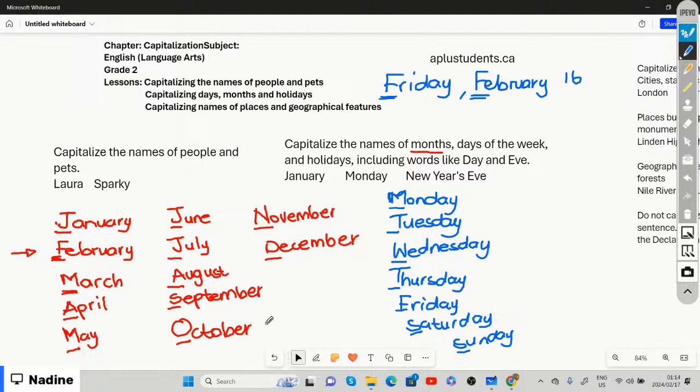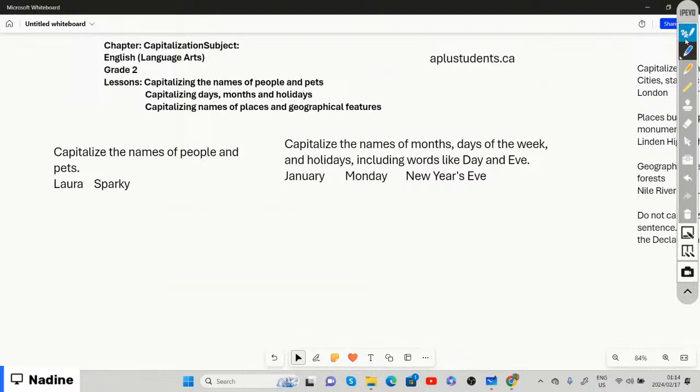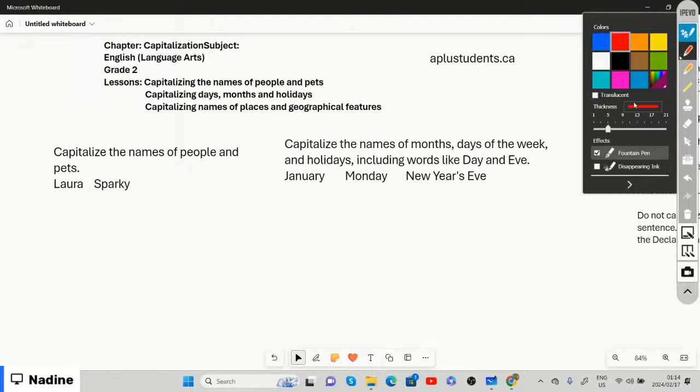But months of the year, days of the week, we need to capitalize. The first letter of the days of the week needs to be capitalized. Then we also capitalize the holidays, right?